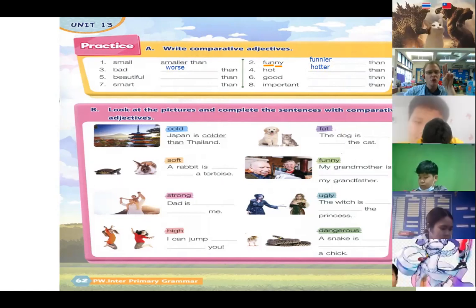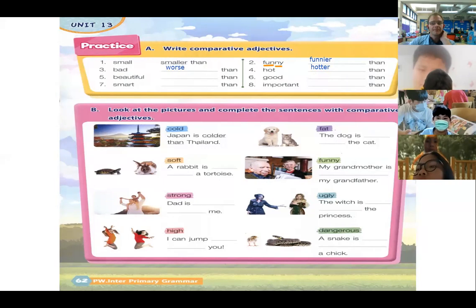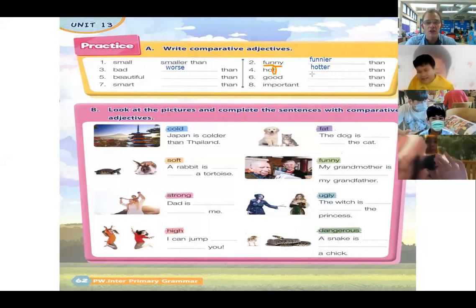Who can tell me? Because of consonant, vowel, consonant. H is a consonant, O is a vowel, T is a consonant. So we look at the last letter, we double it, the T, and we add ER. That's why hotter has 2 T's.